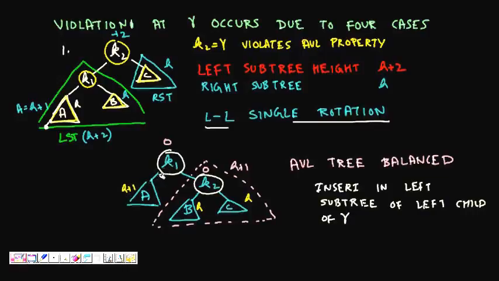K1 is balanced, with h plus 1 on the left and h plus 1 on the right. So this is the LL rotation. We are inserting in the left subtree of the left side, and if that causes an AVL tree violation, we do a single LL rotation.